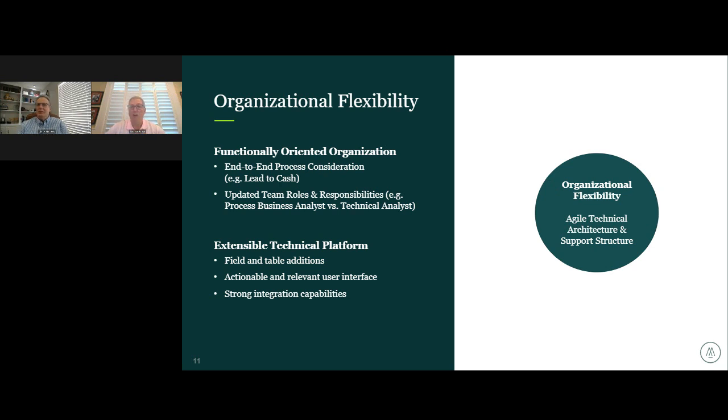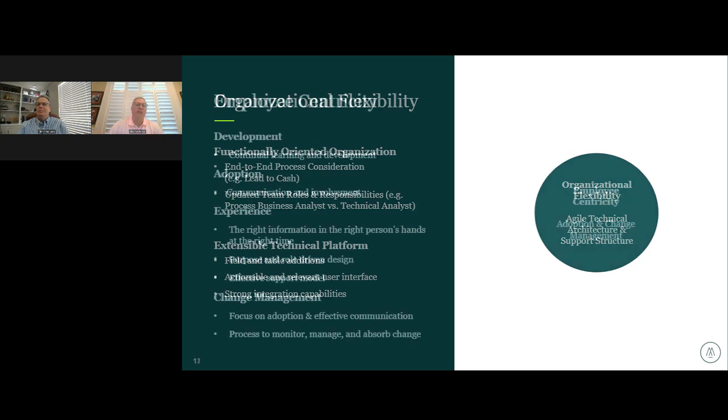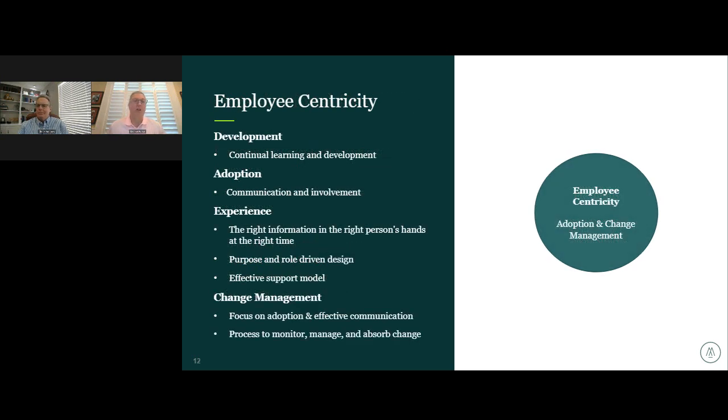Good deal. So the next area we talk about is employee centricity. Chuck talked about the ability to adapt, and I think the other thing we don't always look at is the impact on my employees.